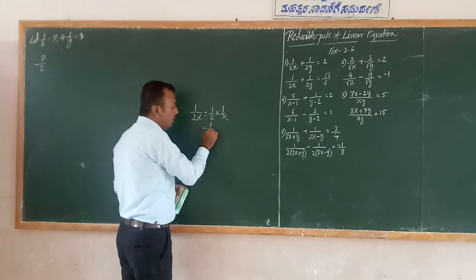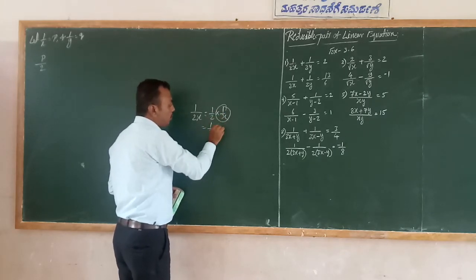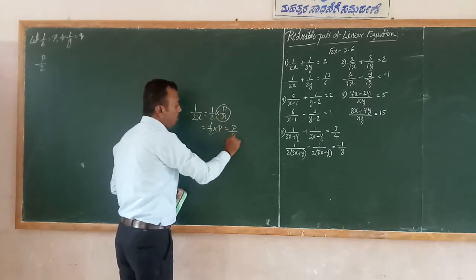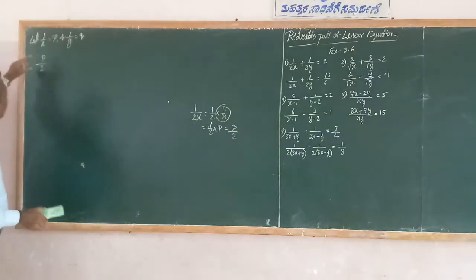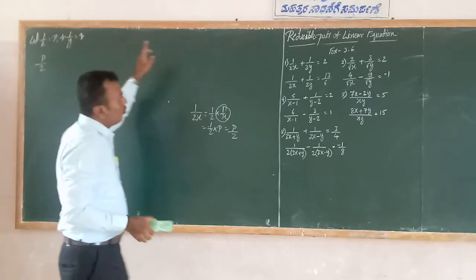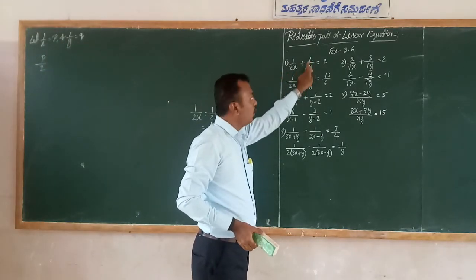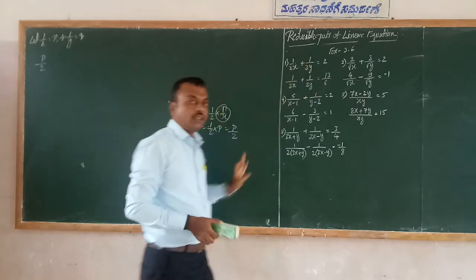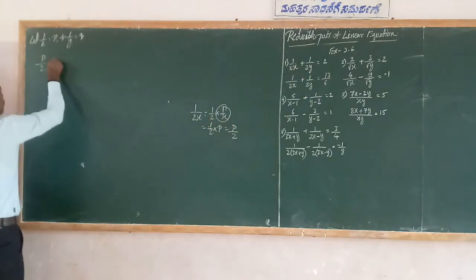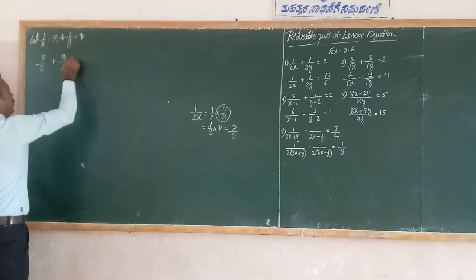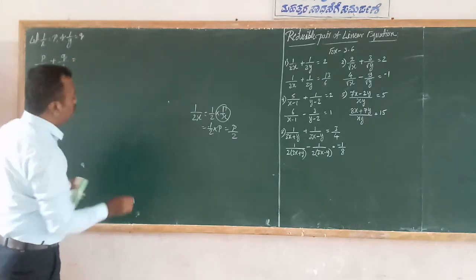Yes. 1 by 2 into 1 by x is called p, so p into 1 is p, that is p by 2. That's why I will write directly p by 2. Next, 1 upon y we take as q, so q by 3. So p by 2 plus q by 3 is equal to 2.